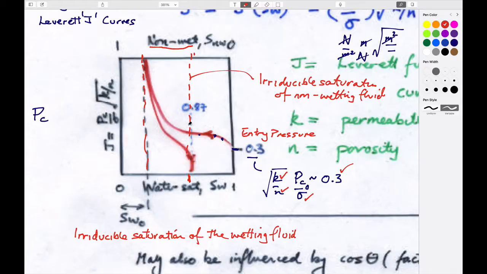And so in a physical sense, what this means is that if you start off at this point here, you're 100% water saturated. You try and push some oil into it, and as you increase the pressure up to this point, all of a sudden you get the first slither of oil going into it. You keep on increasing the pressure, you go up and you get more and more oil into it until you can't get any more into it.